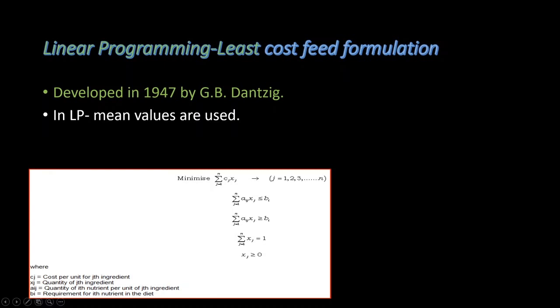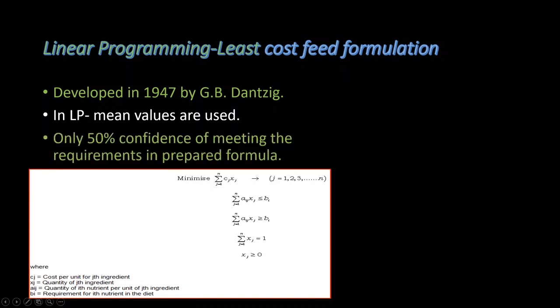So if we have a feedstuff that has an average value of 10% crude protein, the software will use only that value. But if there is a variation, like a feedstuff that varies in protein from 9 to 11, the software will not consider that variation. That's the issue with linear programming. It will only choose the mean value.